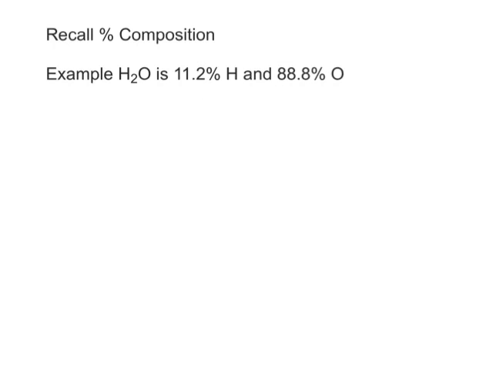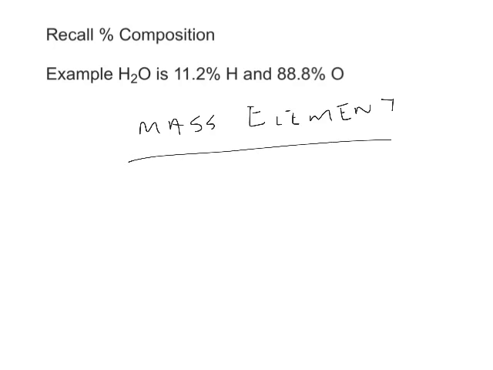So recall that percent composition is the mass of each element divided out by the molar mass. So for instance, water here, the molar mass, 2 H's, 1 O, is 18.015.